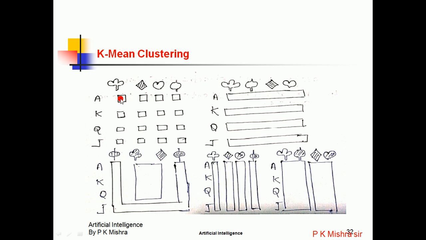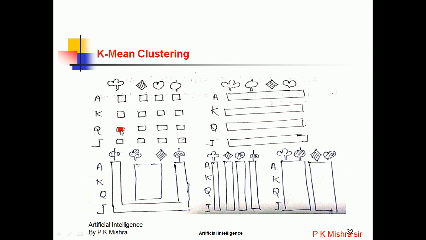Now see, these are different objects; each square represents an object. We group these objects to form clusters. If we group all the objects in the first row, we make a cluster like this. If the objects in the second row are similar, we group them to form a cluster like this.